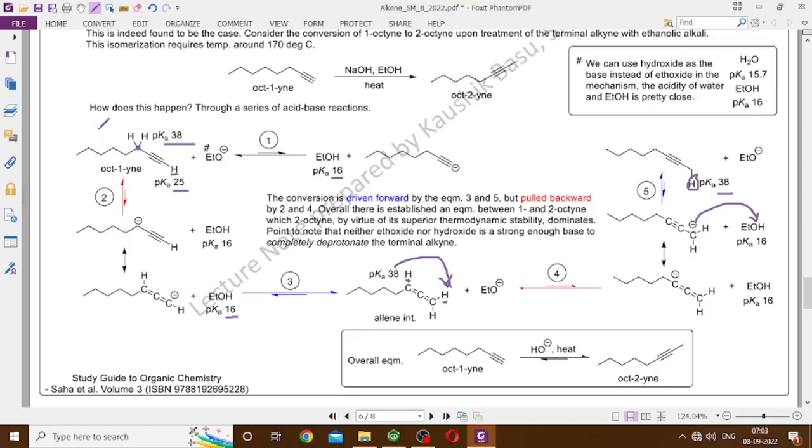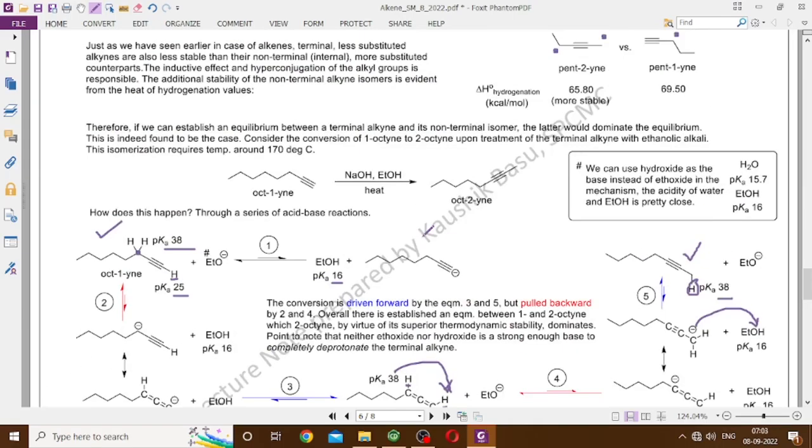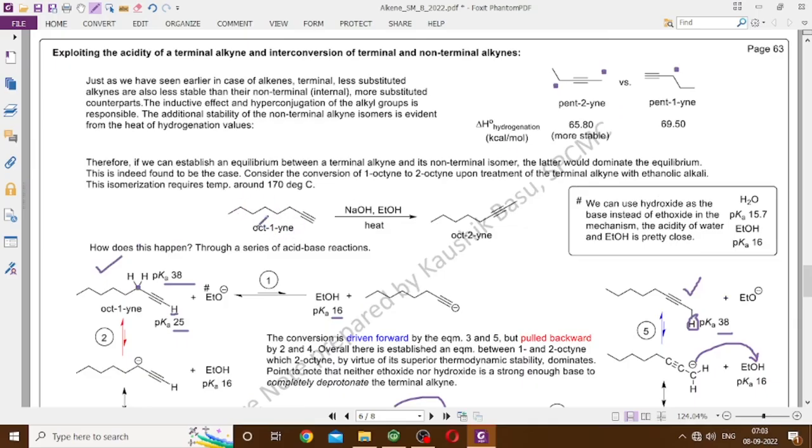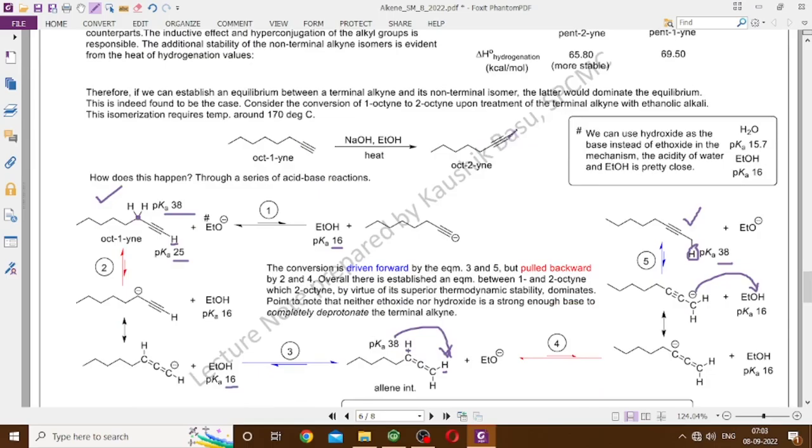So you see, from this to this, you have 4 equilibriums, 2, 3, 4 and 5. 2 of them are favoring this one, but 2 of them are favoring that one. So if that happens, we are forced to say that there is an equilibrium between the allenyl anion and the alkyne, and thermodynamics tells you that because the allene is less stable compared to the alkyne, the equilibrium will eventually favor and accumulate the alkyne.